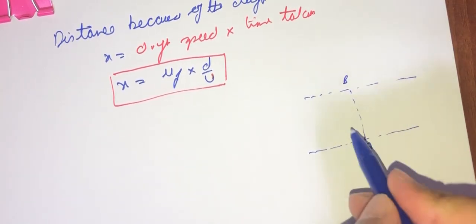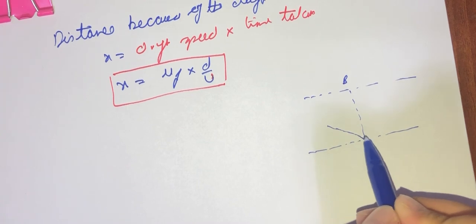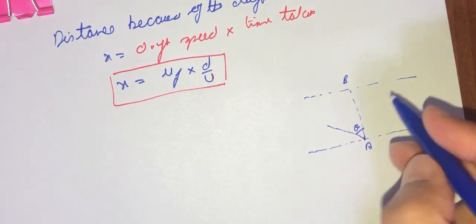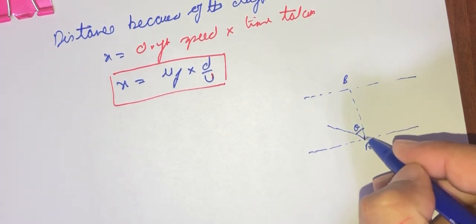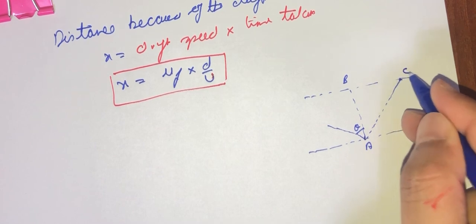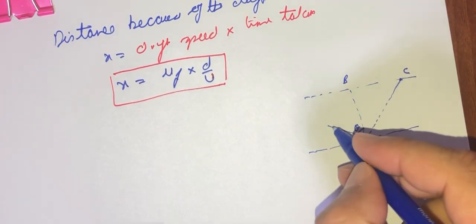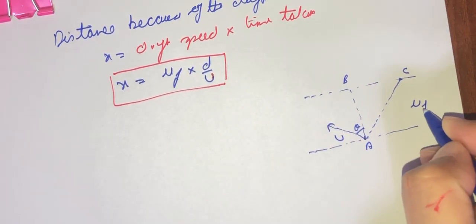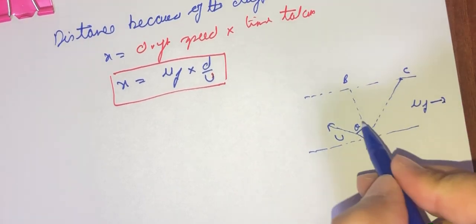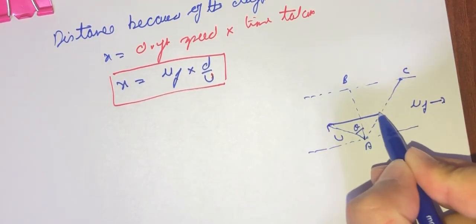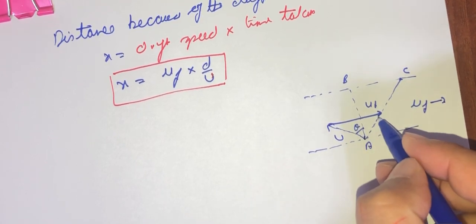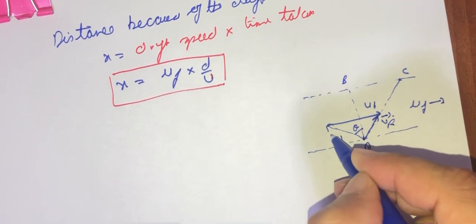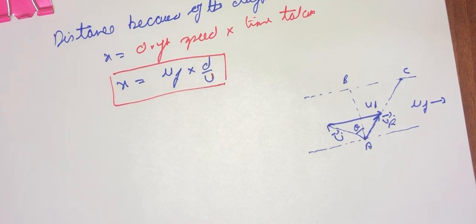This is point B, and it goes at an angle of theta with the vertical, and ultimately it reaches point C. In this case V, and once again UF is the velocity of the river, so this will be our UF, and we can clearly see that this will be our resultant velocity.